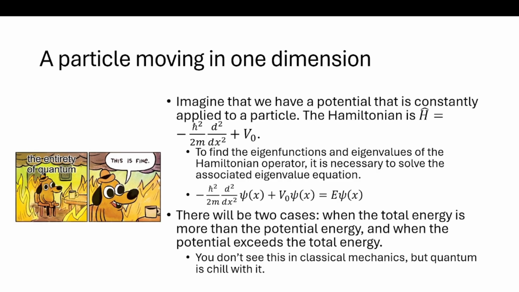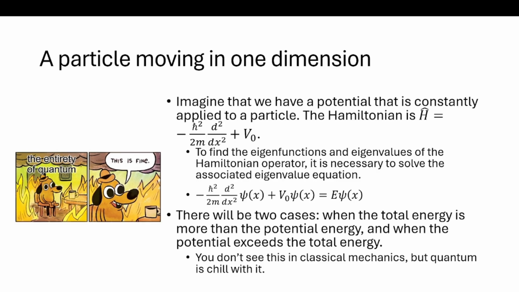But in quantum mechanics, there's a second case where all your intuition gets thrown out the window. That's when the potential is actually more than the total energy, which doesn't make any sense in classical mechanics. If you have the total energy, unless the kinetic energy is negative, which it shouldn't be, then the potential energy should never be greater than the total energy.